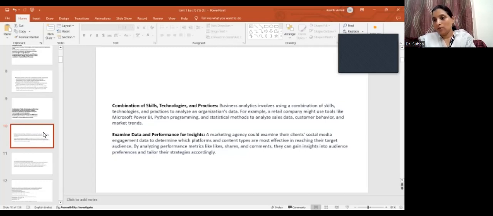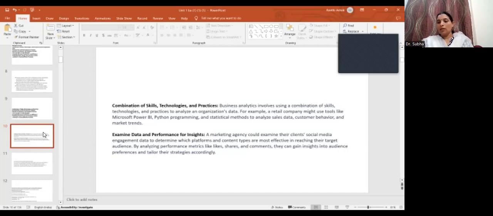So what type of content are they highly attracted to? Through your data analytics, you can identify all these things, and by identifying them, you can know about their taste and preferences. If you know their taste and preferences, you can easily give them a customized product according to their requirement, according to their interest.